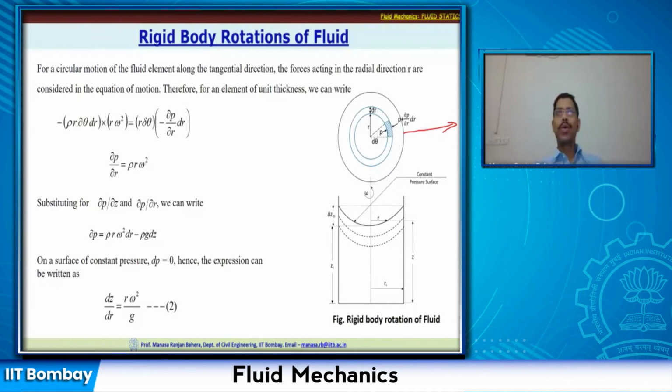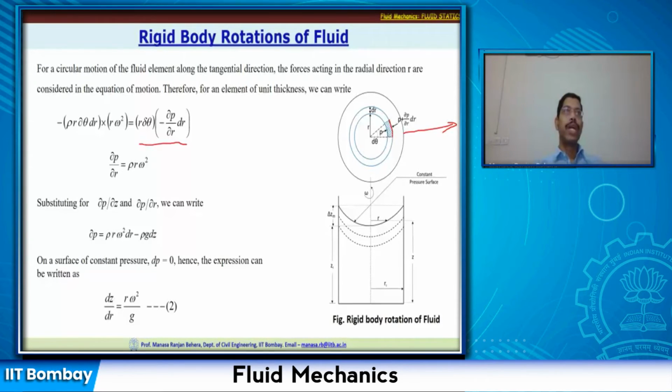This is multiplied by the area. What is this surface? This is R d theta multiplied by unit width. So per unit width, this pressure multiplied by the area gives us the force, and force is nothing but mass into acceleration.